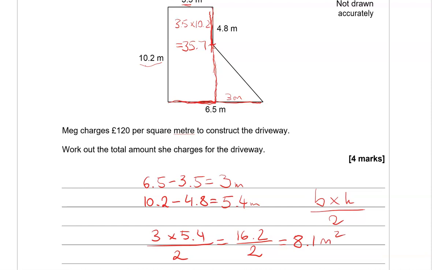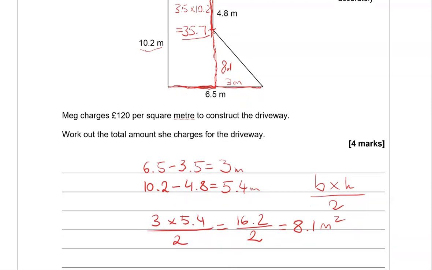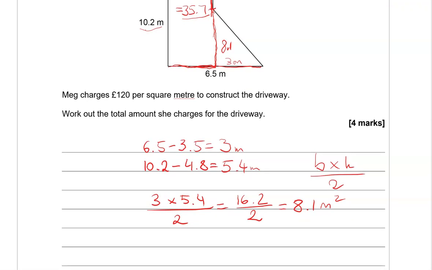So we've got the area for the triangle as well, and the area for the rectangle, adding them together. So 35.7 plus the 8.1 gives us 43.8. That's the total area for the shape.